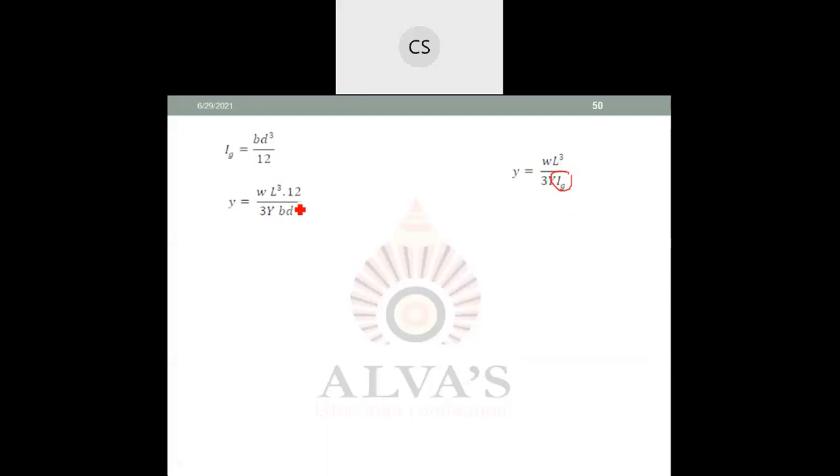In the denominator bd cube, that 12 goes to the numerator. So WL cube into 12 divided by 3Y bd cube. So 3 and 12, you are left with 4. So y is equal to 4WL cube divided by Ybd cube.